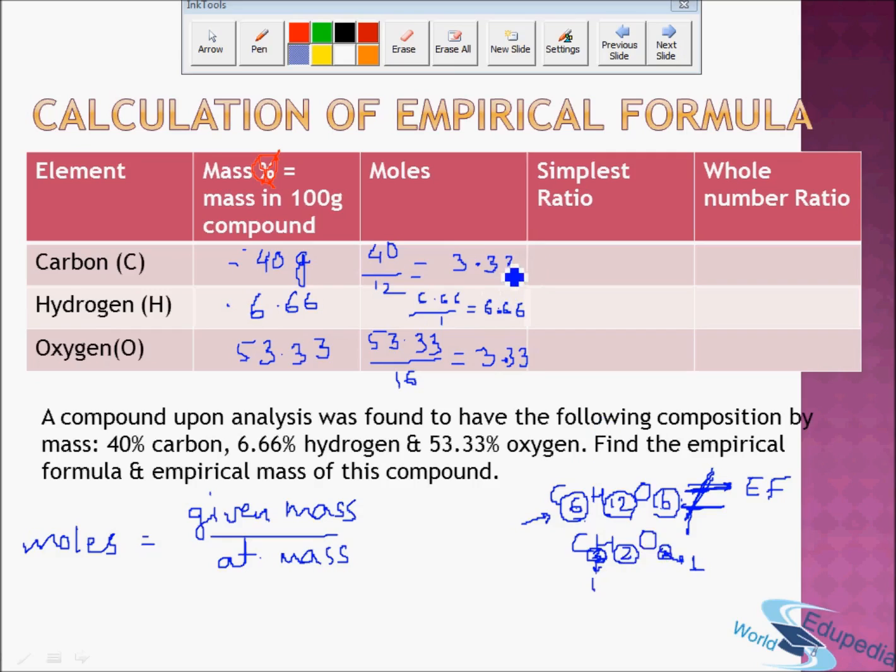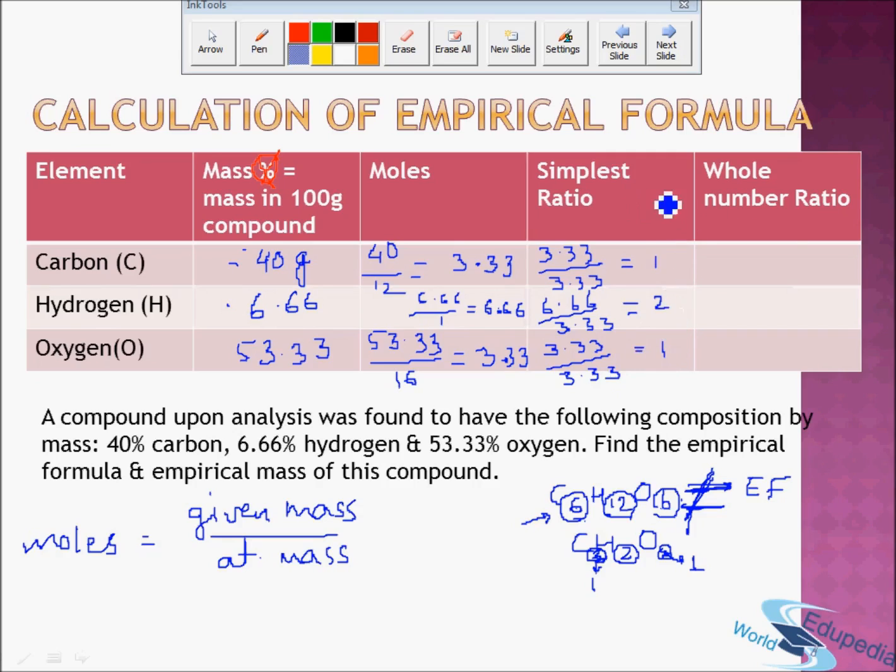So 3.33 is the lowest number, and I divide all of the moles by it. So 3.33 divided by 3.33 is 1. 6.66 divided by 3.33 is 2. And again 3.33 divided by 3.33 is equal to 1. So this represents the simplest ratio.